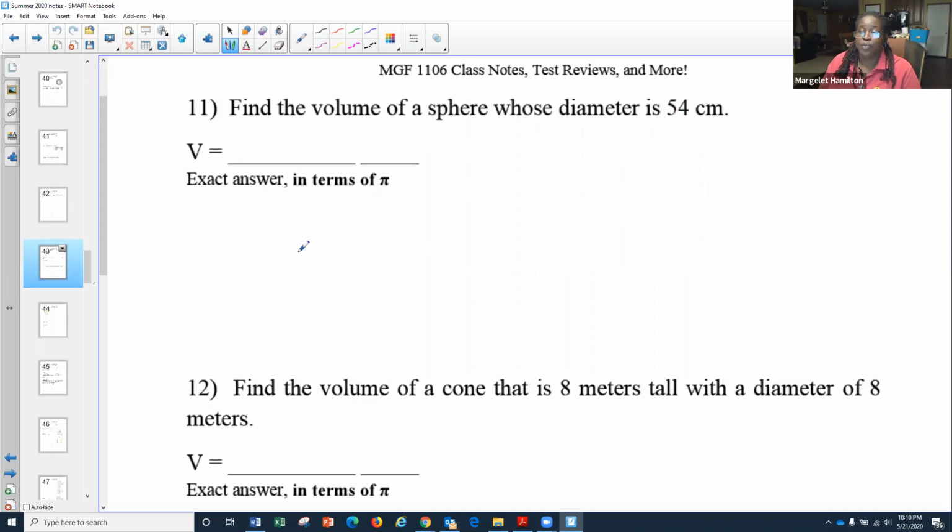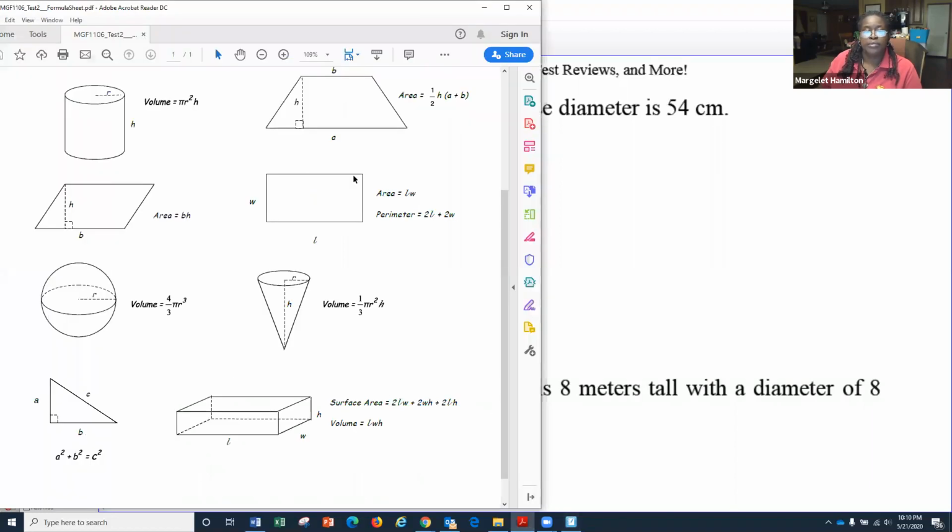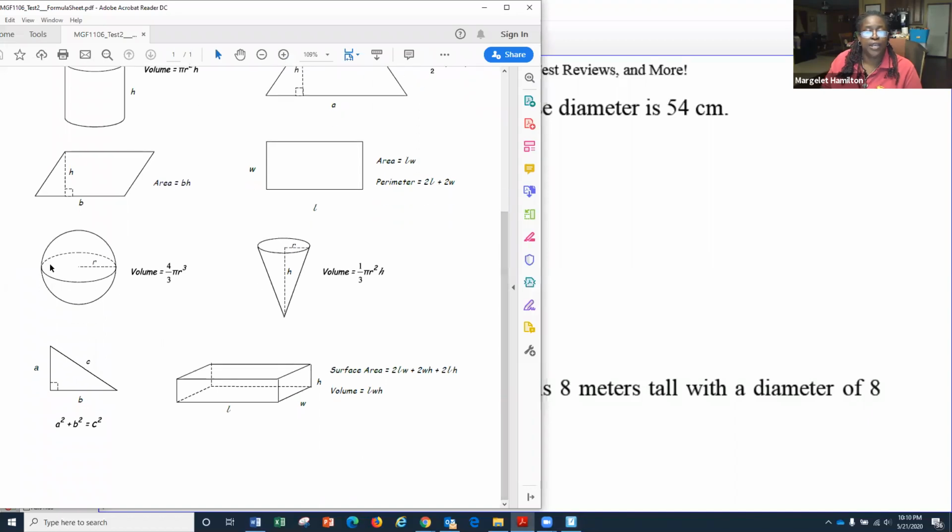You're going to have your formula sheet. Making sure we note that they want us to write our answer in terms of pi. All right, let's go and get our formula for the volume of a sphere. All right, so a sphere is right here. Right, so the volume is 4/3 pi r cubed.